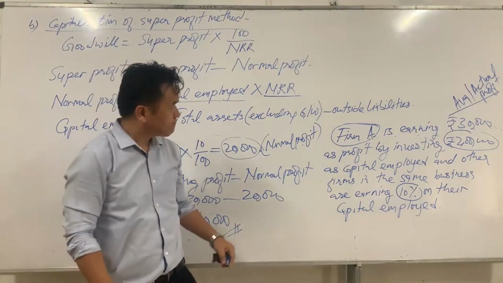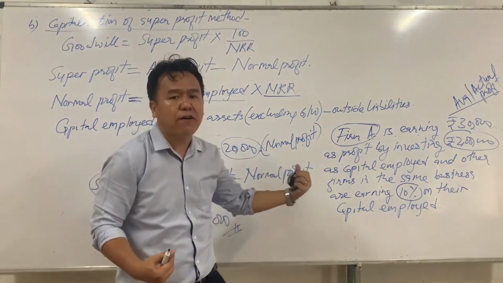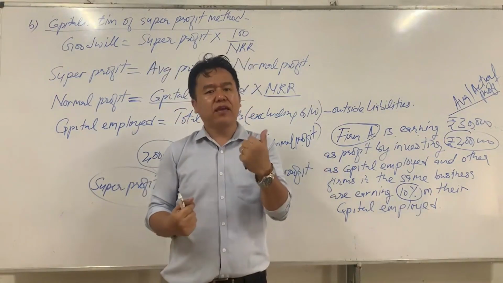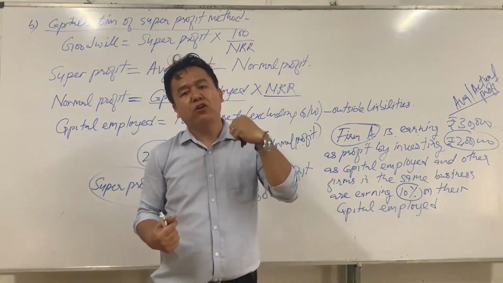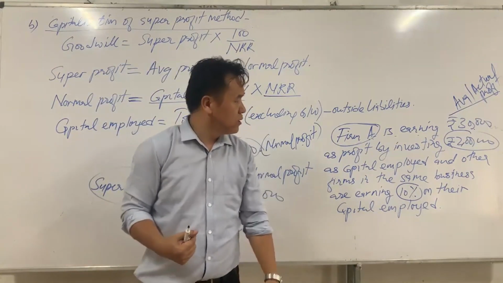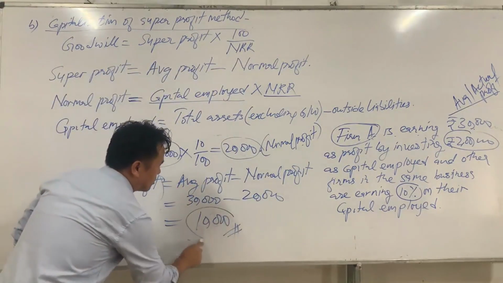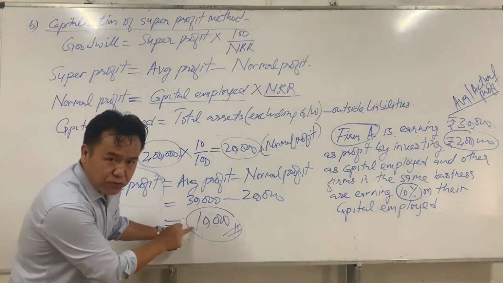Okay, now can I say normal profit is earned due to capital employed? Yes, obviously normal profit exists because of capital employed. Okay, now tell me, is the super profit that the firm is earning because of capital employed?